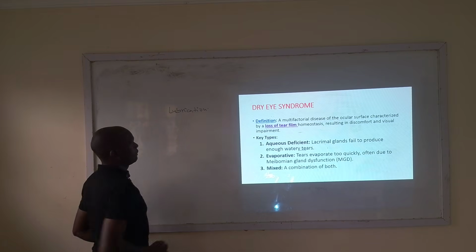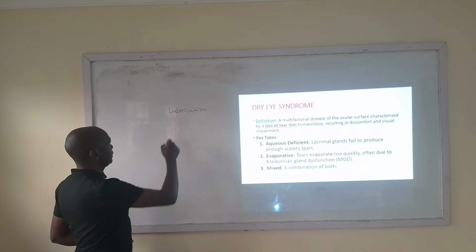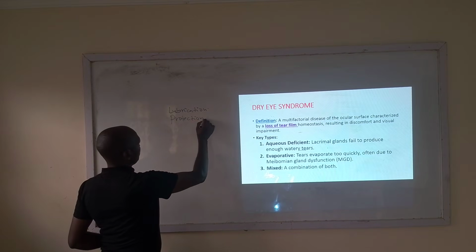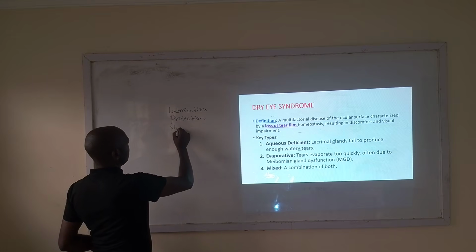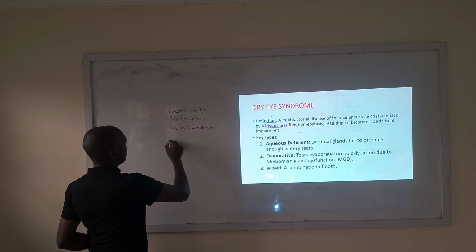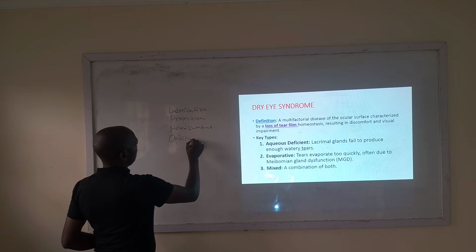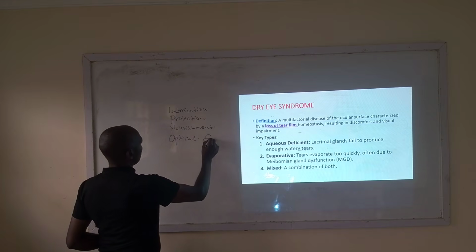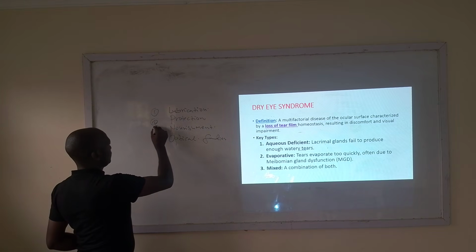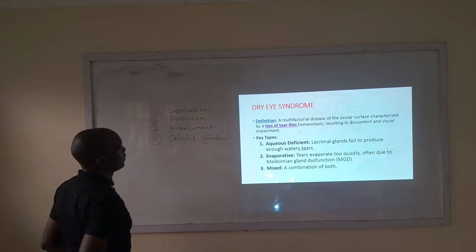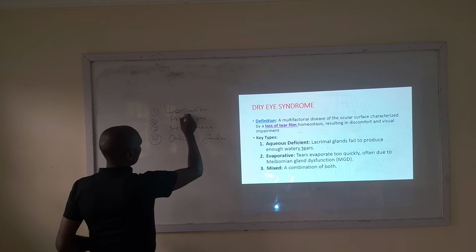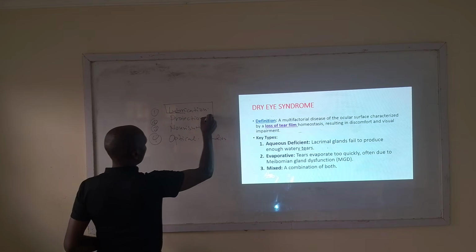We said the functions of the tear film of the eye: we have lubrication, we have protection, we have nourishment. We can also talk of optical functions, among others. This is 1, 2, 3, and then 4. So for dry eye syndrome, our focus is on number 1, lubrication.